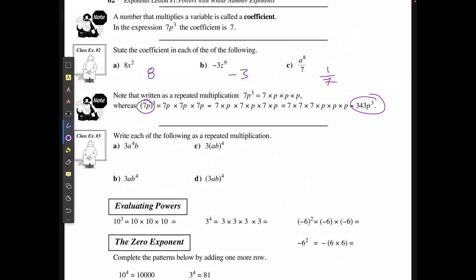So, if I wrote each of these as a repeated multiplication, kind of like our prime factorization form, then this would be the same as 3 times a 4 times b. If I did example C, then this is the same as 3 times ab times ab times ab times ab, or when I reorganize it, 3 times a 4 times b 4 times.